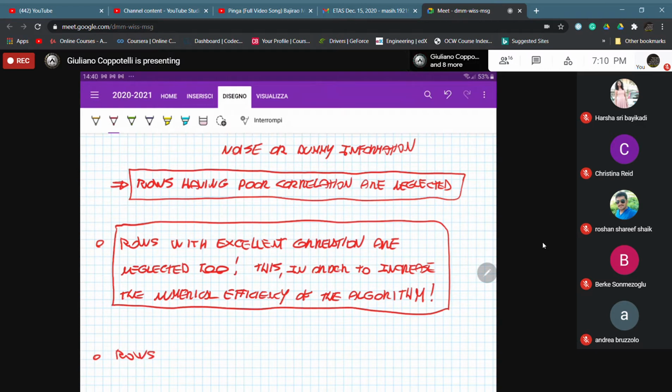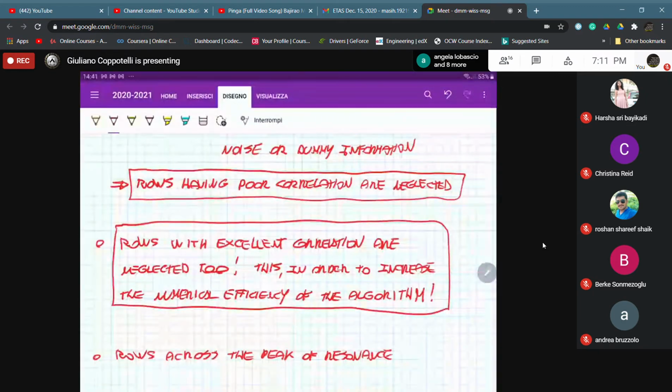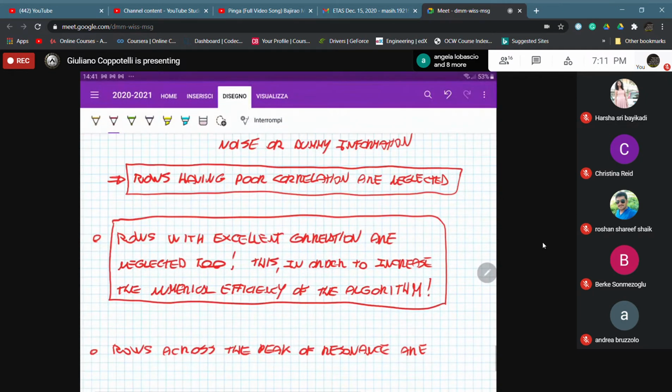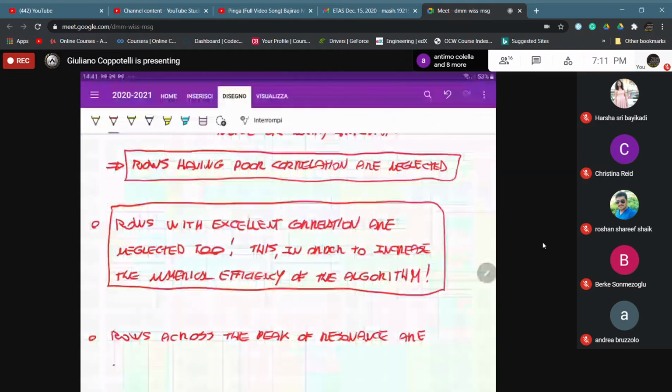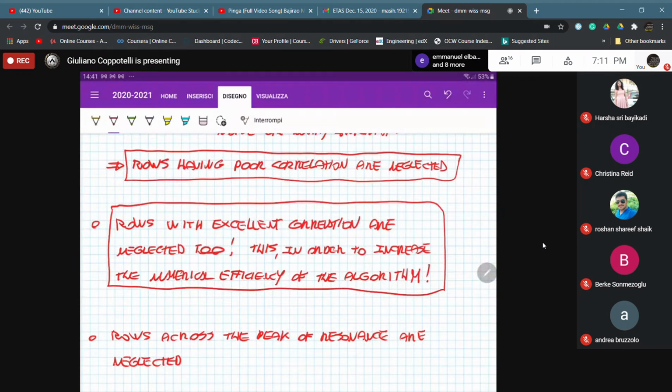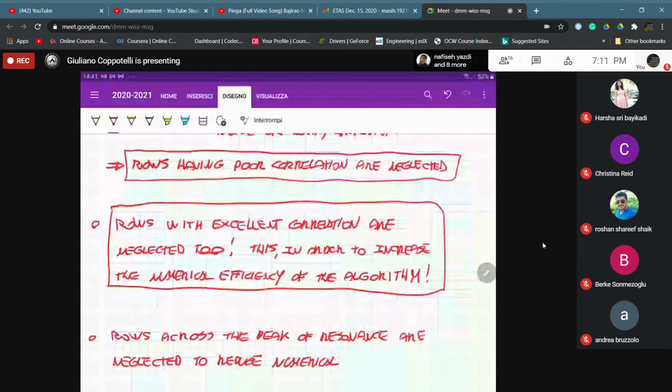across the peak of resonance are also neglected, okay, to reduce, once again, numerical instability.